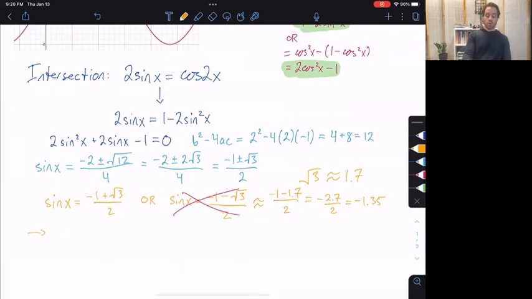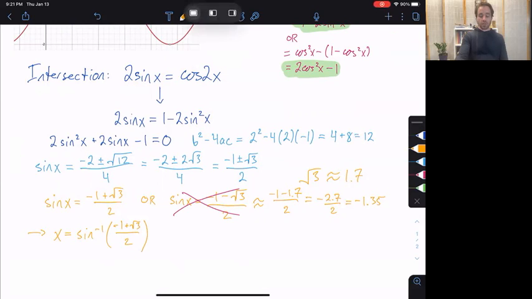So x is equal to the inverse sine of negative 1 plus root 3 over 2. And because I'm kind of a stickler for details, I don't really like writing minus signs when I could write subtraction signs. So root 3 minus 1 over 2.